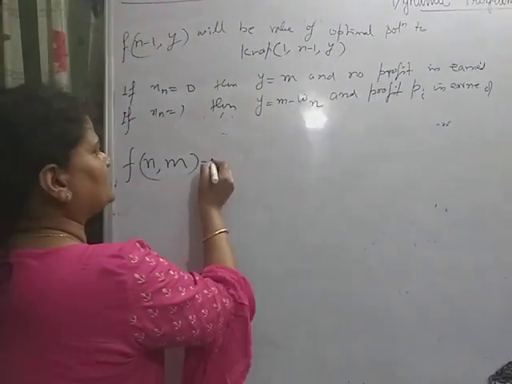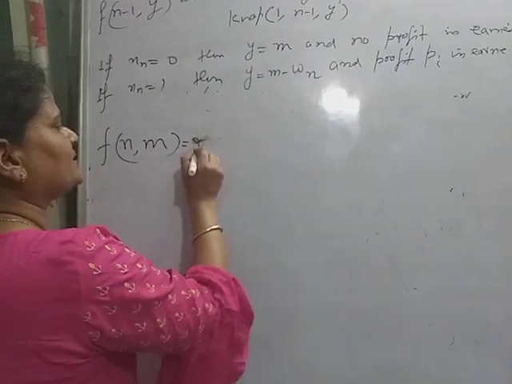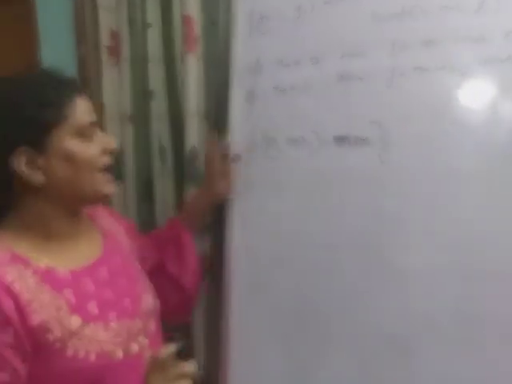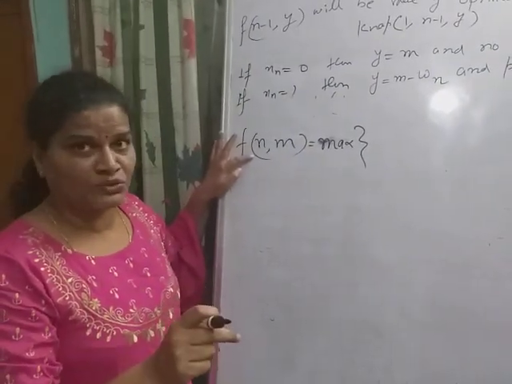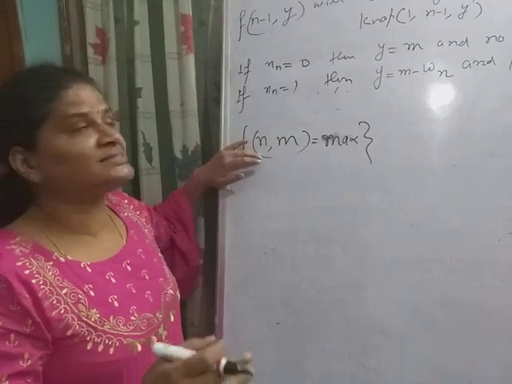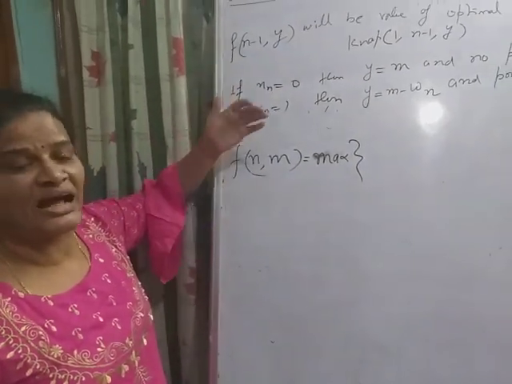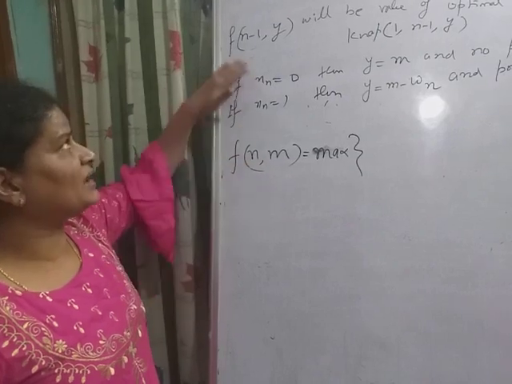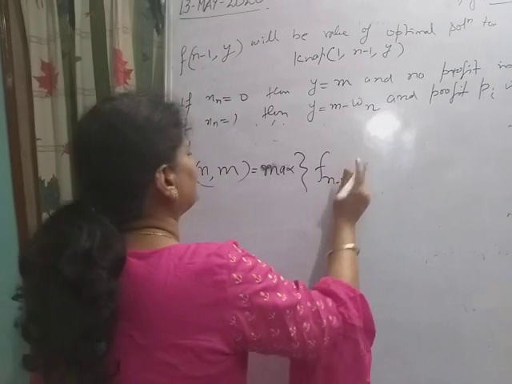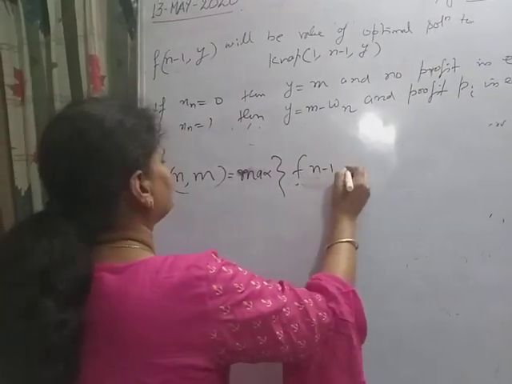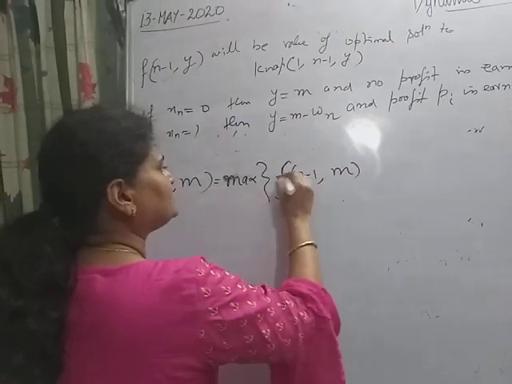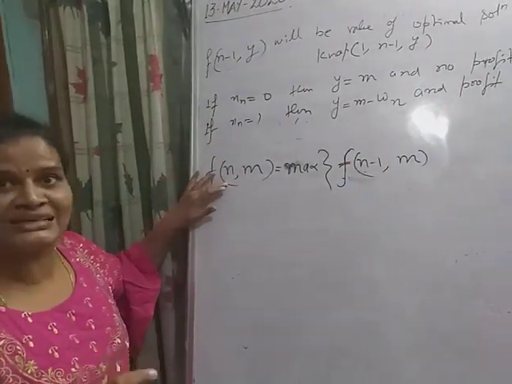This is defined as the maximum of two choices for the nth object. Either I have to exclude the nth object. If I exclude the nth object, it means whatever was previous, I take the n minus 1, so it is not going to change. So simply this is f n minus 1 m, as I am excluding the nth object.